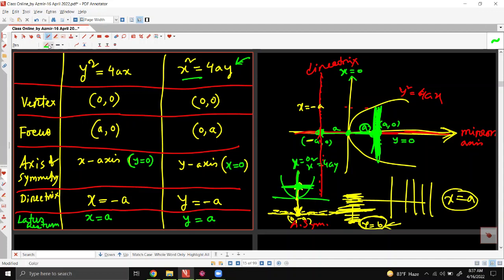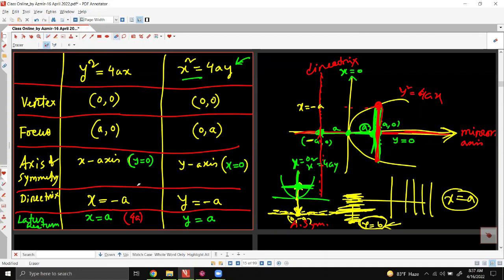We also have the length of the latus rectum. Let's say the latus rectum intersects the parabola here and here. So what is the length of this latus rectum, of this line? It will be 4a.